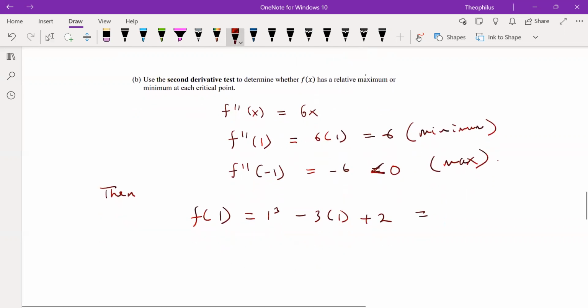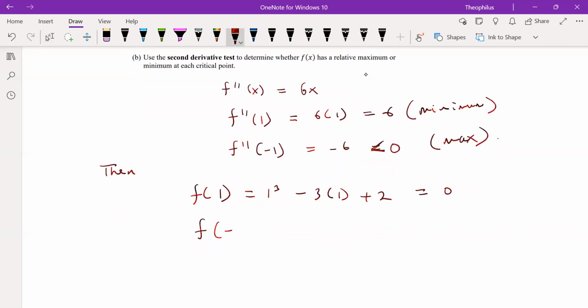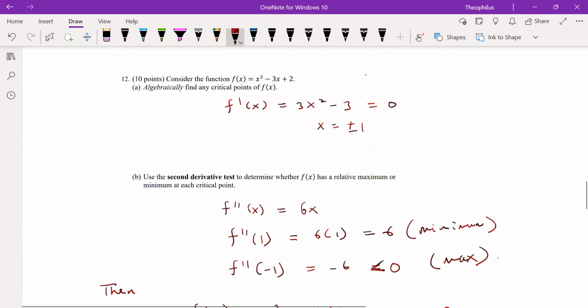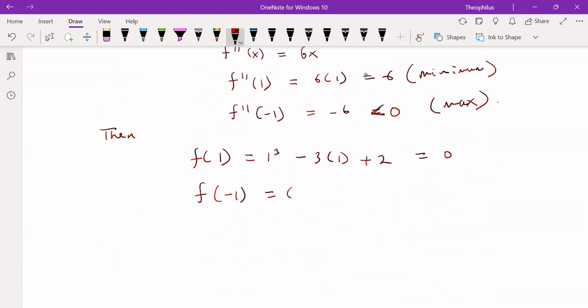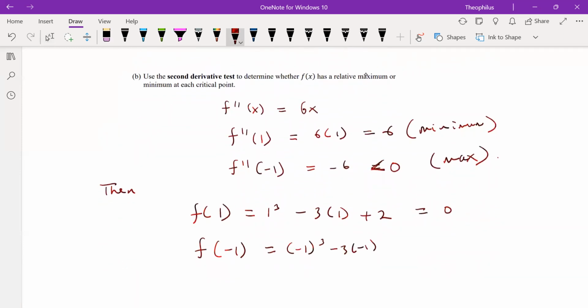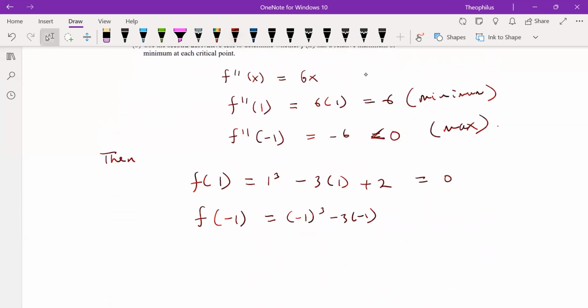So 1 minus 3, which is -2, plus 2 is 0. And then for -1, that gives us -1 plus 3 plus 1 plus 2, and that should give us 4.